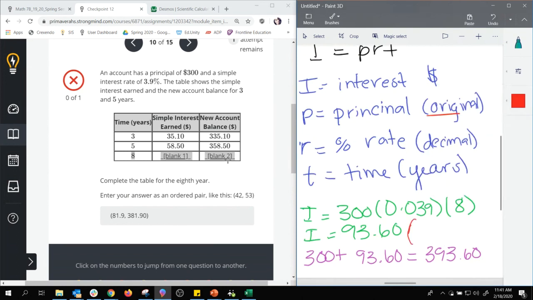So for this question, you want to enter your answer like this. What I'm putting in red is what you want to put: 93.6, comma, 393.6. What I have in red here is your final answer, so make sure that you type it in correctly. Give you guys a second to type it in.